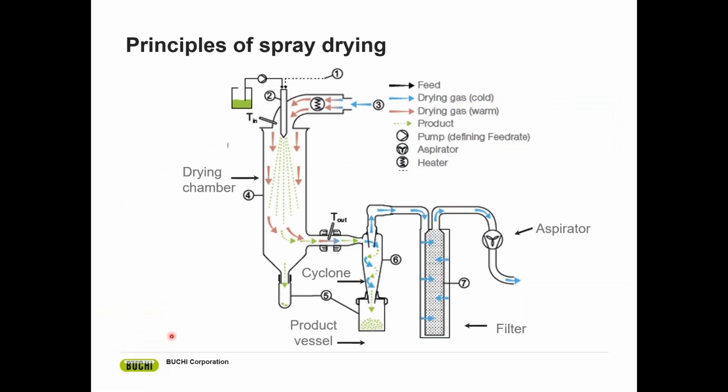Here are the principles of spray drying. Just a nice little depiction. At the top of the spray dryer, we have our formulation and our atomizing nozzle, and we're going to have incoming compressed gas. On the back side of the dryer, we're going to pull ambient air over a heater, and we're going to heat this up high enough, which is called our inlet temperature, to effectively evaporate the formulation.